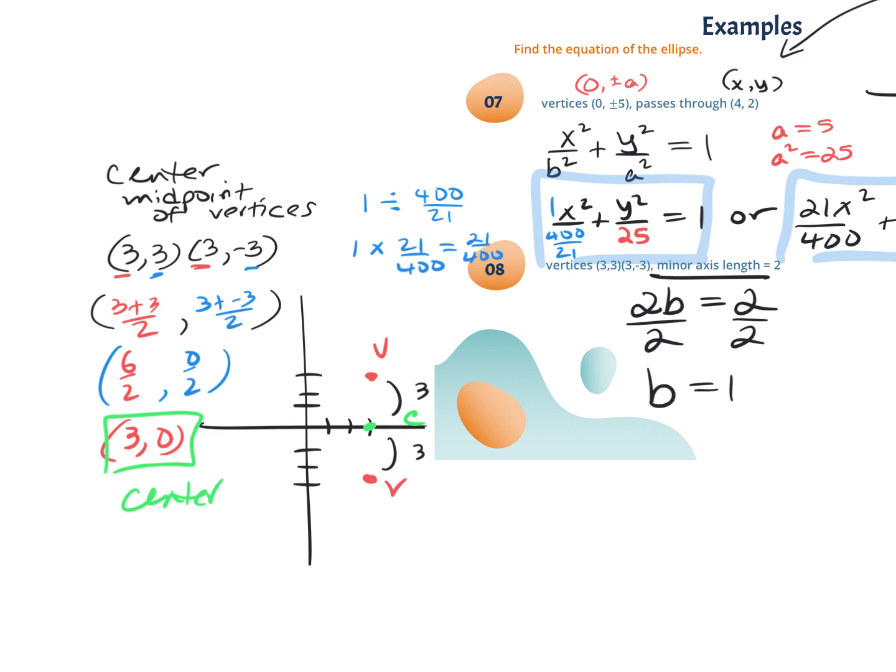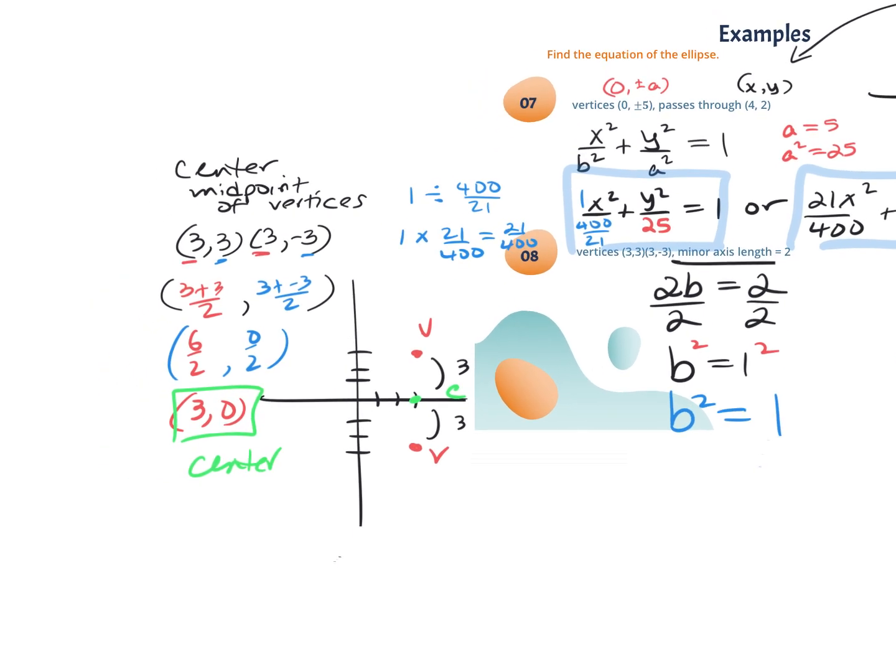So then if I square both sides, b squared is equal to 1. So my a value, remember, is the distance from the center to the vertices. So this 3 here is going to be my a value. So my a equals 3, so a squared equals 9.